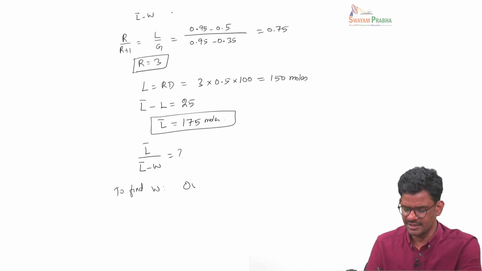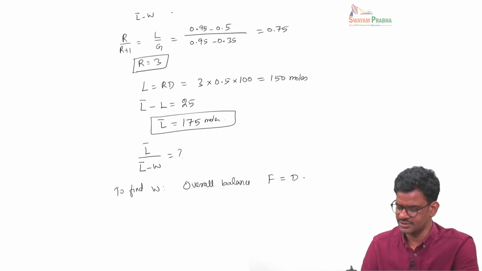So, to find W, we will do an overall mole balance, where F should be equal to D plus W. We have taken F as 100 moles basis, D is 50, so W also will be 50.